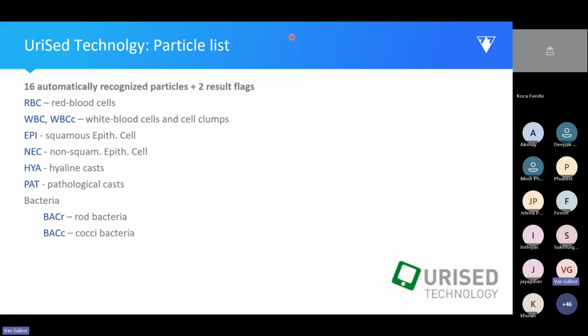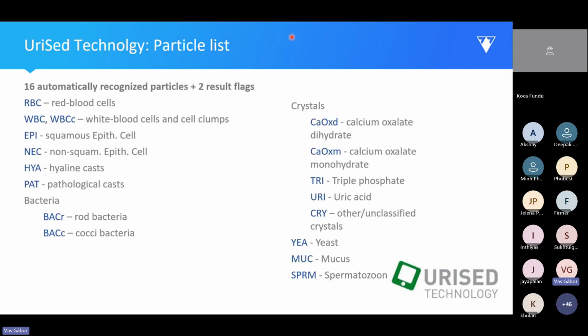So here is the particle list. So these are the formed elements of the urine that URISED Smart is capable of detecting. So it has 16 automatically recognized particles.